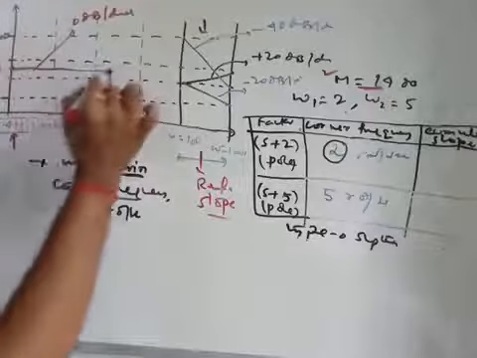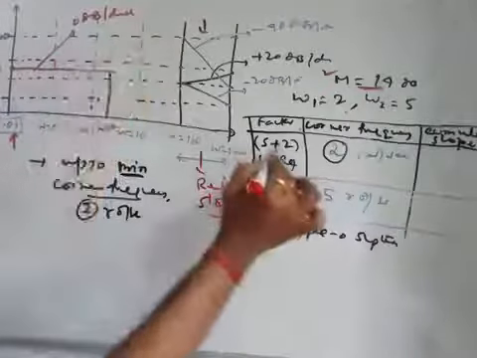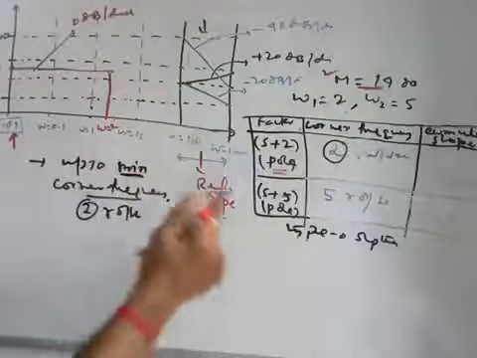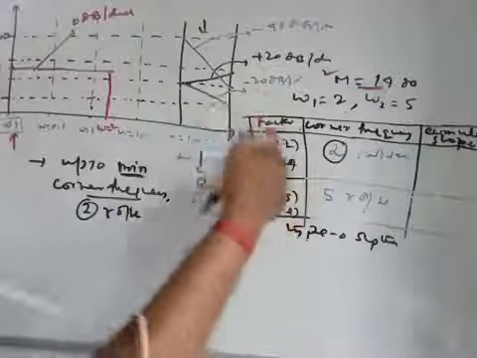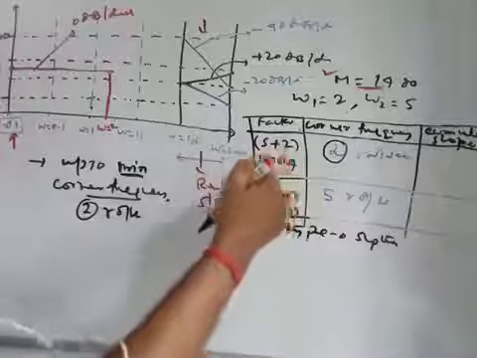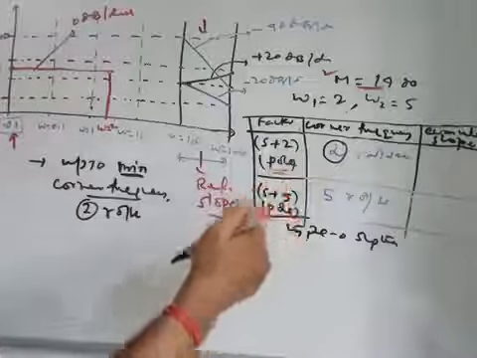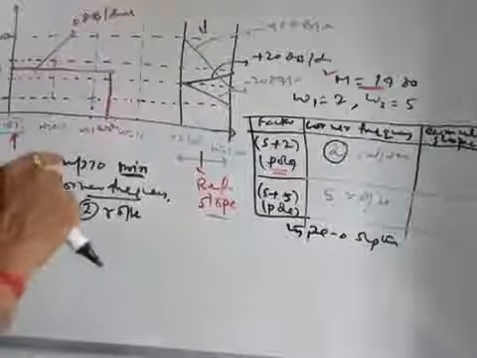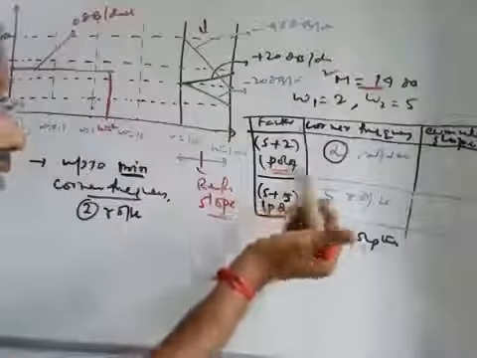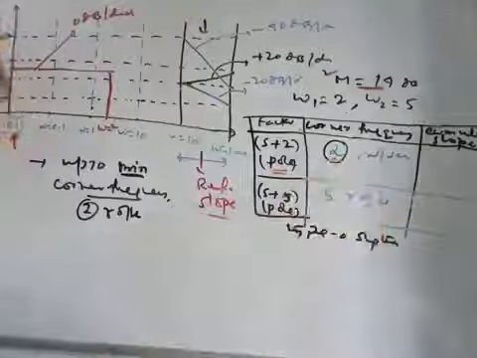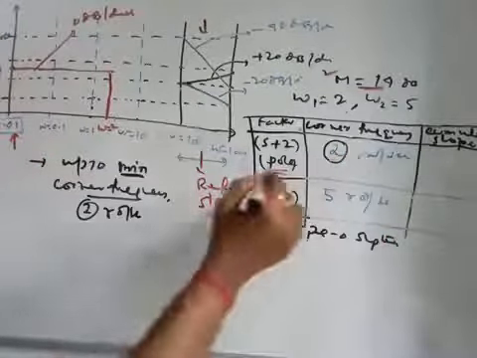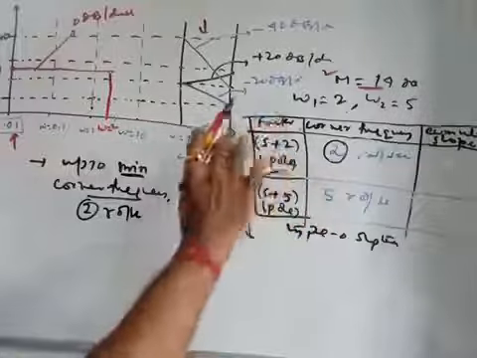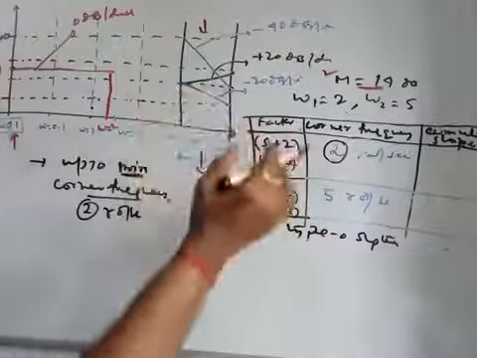Once you reach here, you will see there is a pole. Once there is a pole, its own contribution for a single pole is -20 dB per decade. So if this 2 radian per second is coming due to a single pole, its own contribution is -20 dB per decade, as you can see from this table.